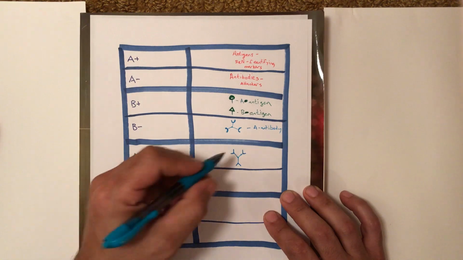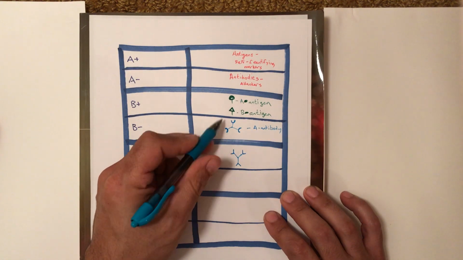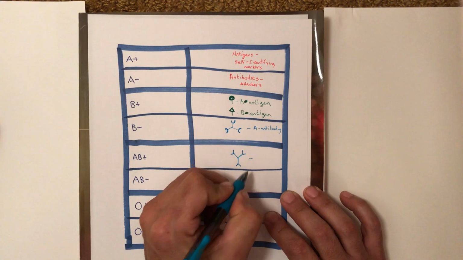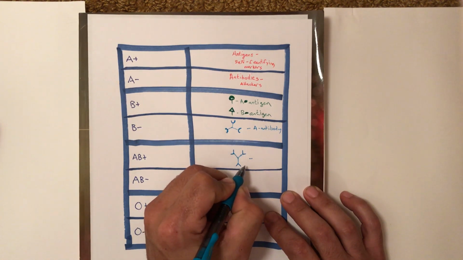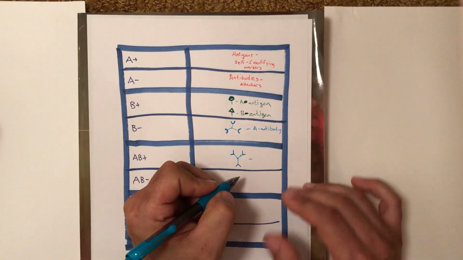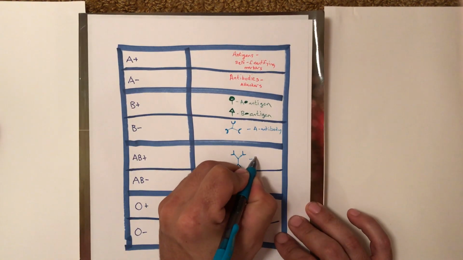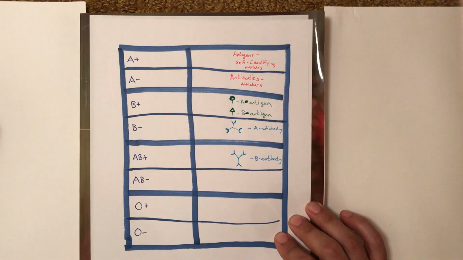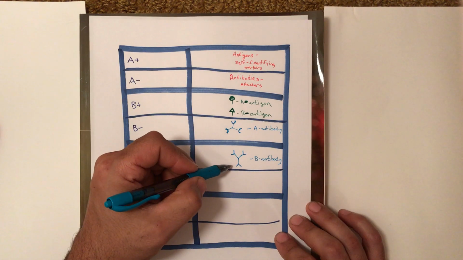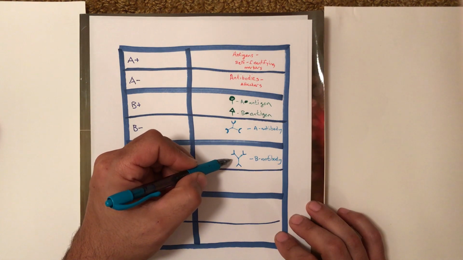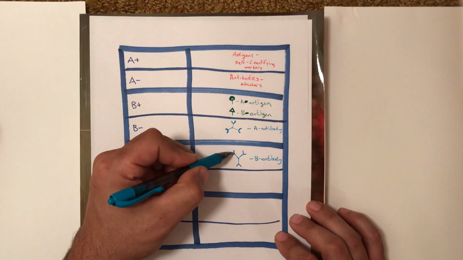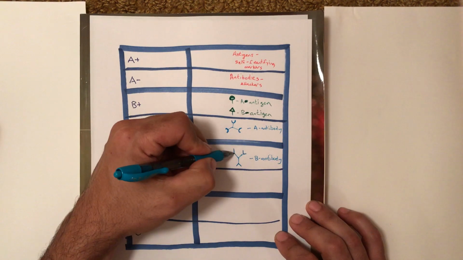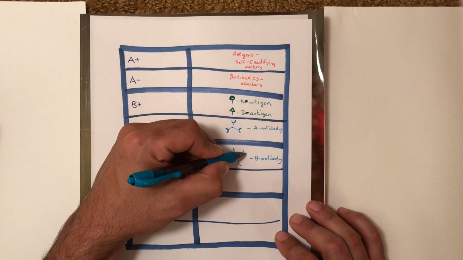And here, this shape, it would fit into the triangle. So these are the triangle antibodies, and these are the circle antibodies. So if this B antibody is floating around in the blood, it's going to be able to attach to only this type of shape, which is the concave version of the triangle.